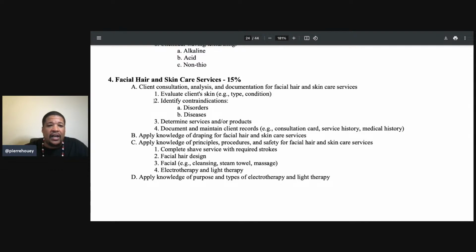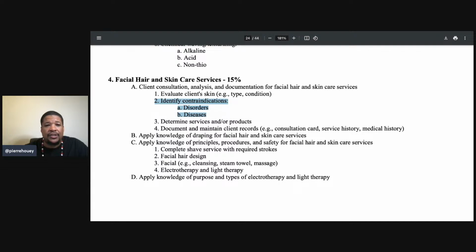Two, identify contraindications. What are contraindications? If you've been studying with me in previous weeks, you would know contraindications are anything that would stop or prevent a service. That could be if you were getting a shave and you had a lot of bumps on your head. Technically, that would be a contraindication. If you have chapped skin on your face or something like that, that would be a contraindication.